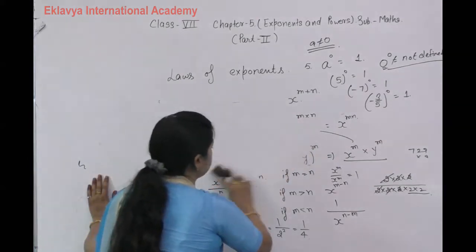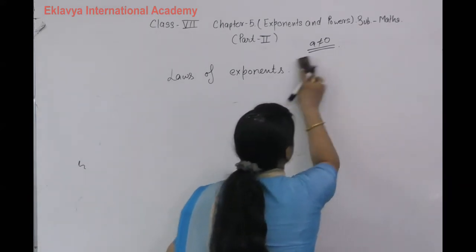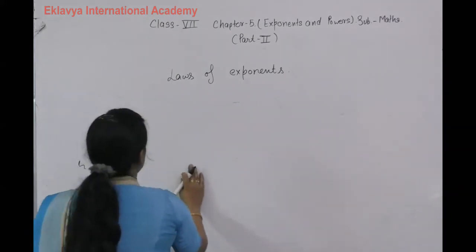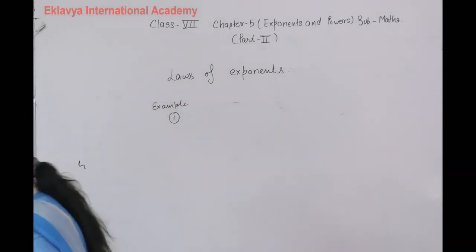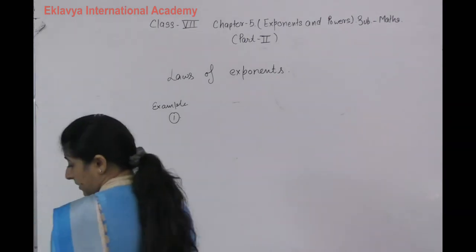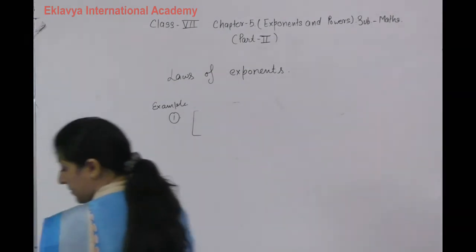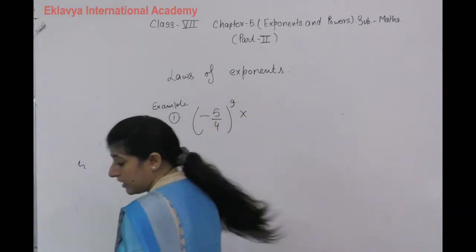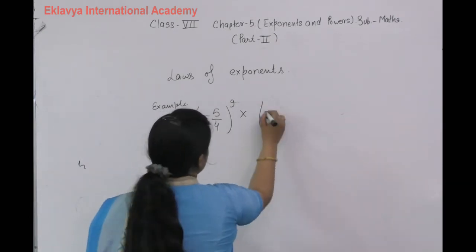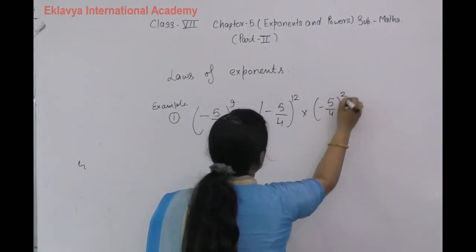Now take a question. Suppose it is given to you (minus 5 by 4) power 9 multiplied by (minus 5 by 4) power 12 multiplied by (minus 5 by 4) power 2.